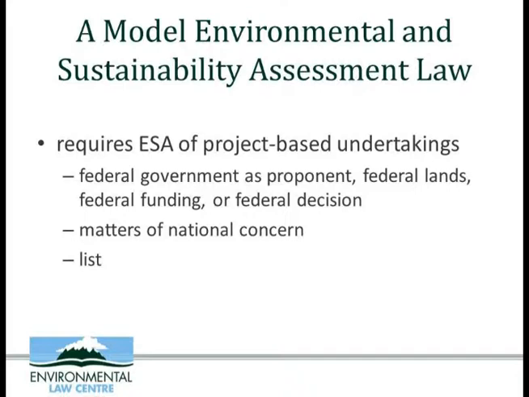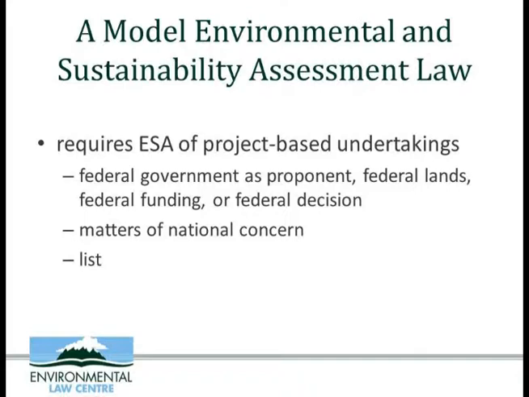As well, there is, under the model law, a possibility of establishing a list. And that list could be formed in a few ways, or a combination of ways. You could provide a list similar to what we currently have, which is lists of projects. But you could also provide a list of environmental impacts.